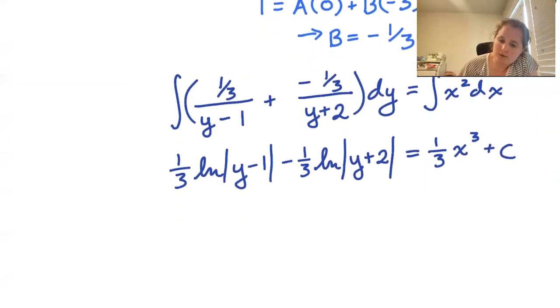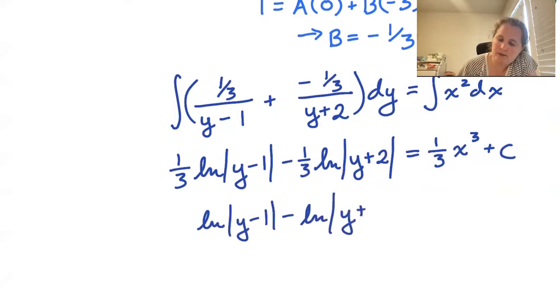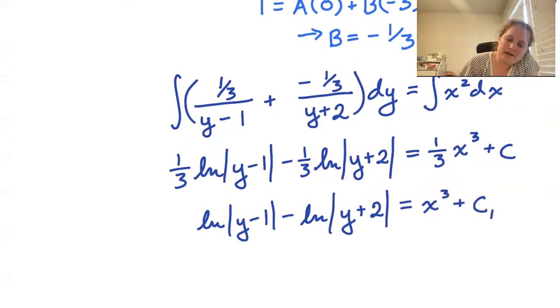If we multiply through by 3, we have the natural log of the absolute value of y minus 1 minus the natural log of the absolute value of y plus 2 is equal to x cubed. And then I'm just going to use a modified constant. Again, here I was just multiplying the entire thing by 3.